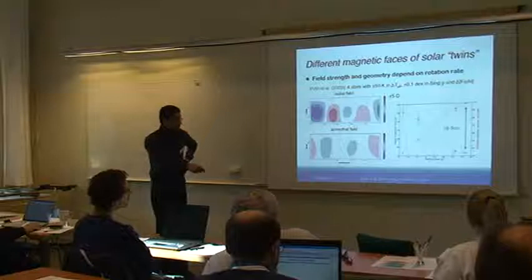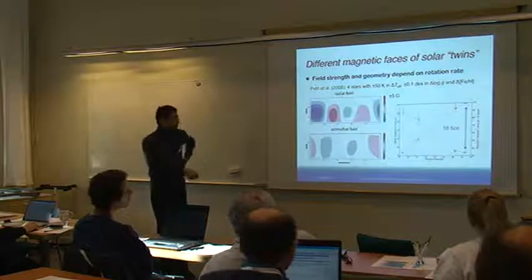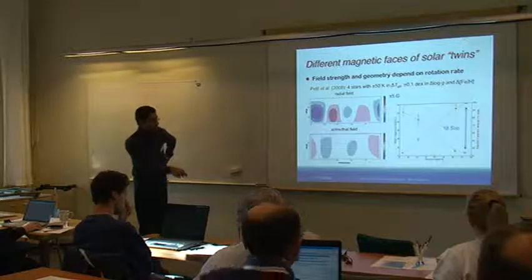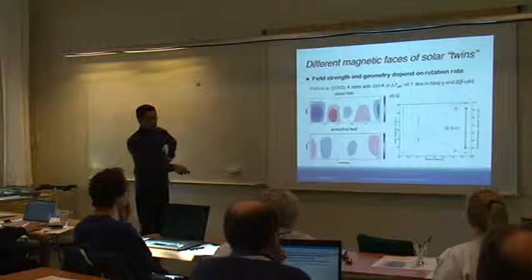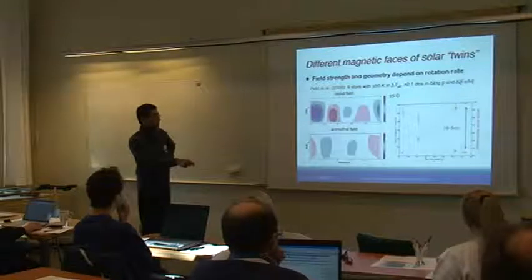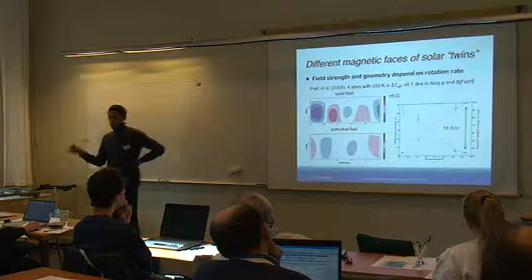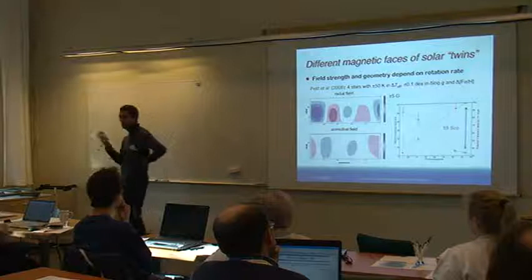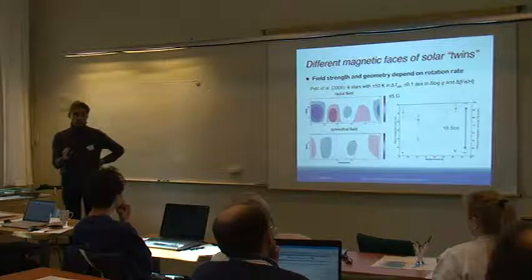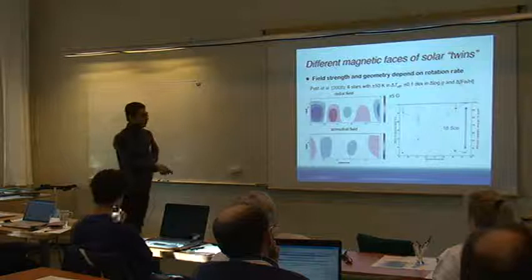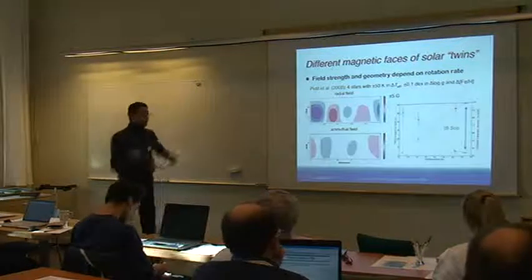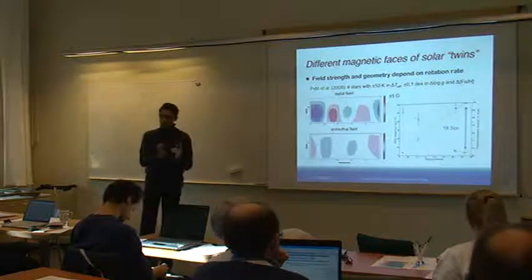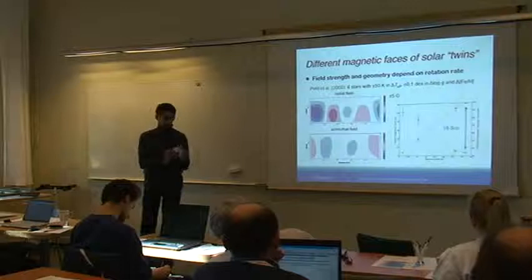This red line is the fraction of toroidal field energy. But as we go to longer and longer rotation periods, field strength decreases, and the fraction of energy stored in the poloidal component increases. So the message is, even for a star with mass and temperature very similar to the Sun, things depend a lot on its rotation period, which is kind of natural, but still it shows how narrow is the region in the HR diagram where a solar paradigm works.